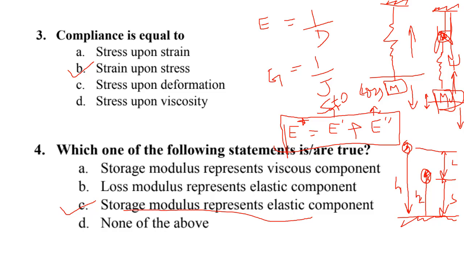So in the case of a spring, you have to have a stiffness also. Only this viscous and elastic component won't help, because mostly in the case of a spring we consider stiffness, not the viscosity or elasticity. So I don't think that.